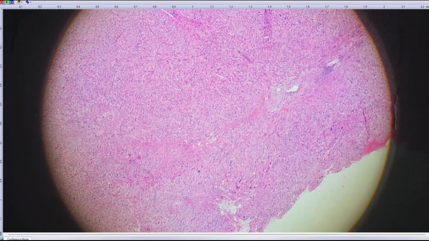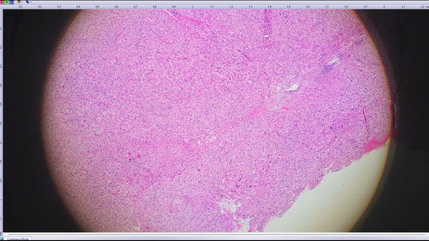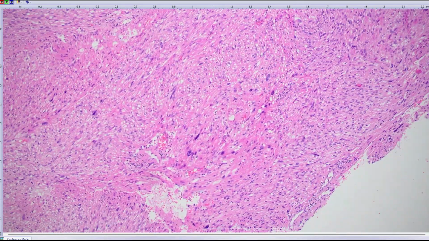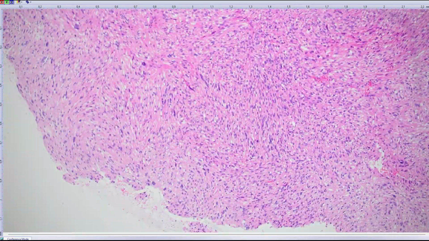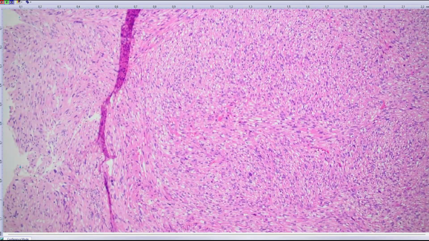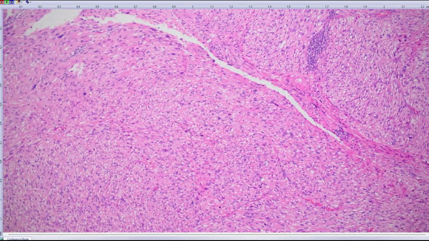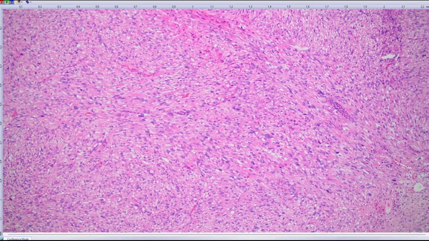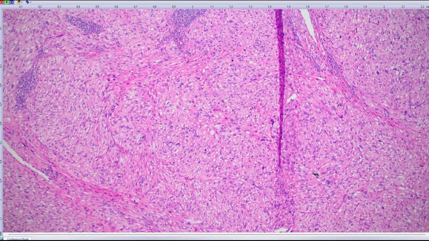Looking at low power, it's very cellular, there's a lot of pleomorphism. You see these large hyperchromatic cells. Cells have quite abundant pink eosinophilic cytoplasm.